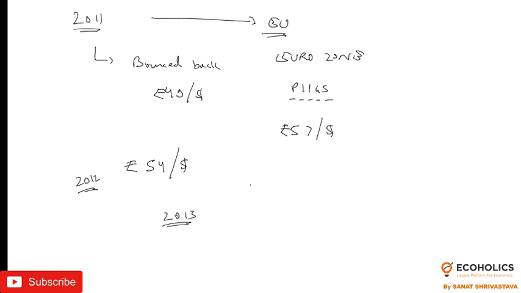It means an outflow of dollars occurred, and in 2013 the rupee fell to 69 per dollar. It crashed nearly by 25% in just 2-3 months.